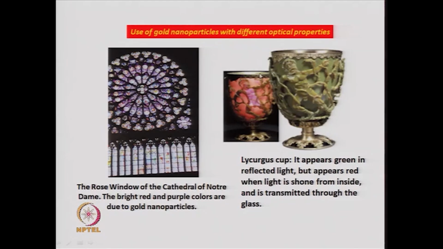That means, when the light is either inside or coming from the other side. And in reflected light, if you pass light in this direction and observe the reflected light, then it looks green, and this is due to gold nanoparticles which are embedded in this glass.